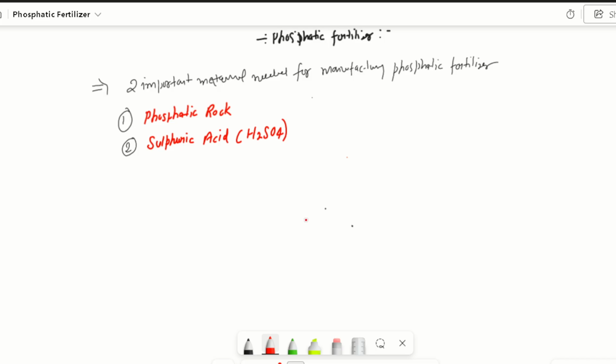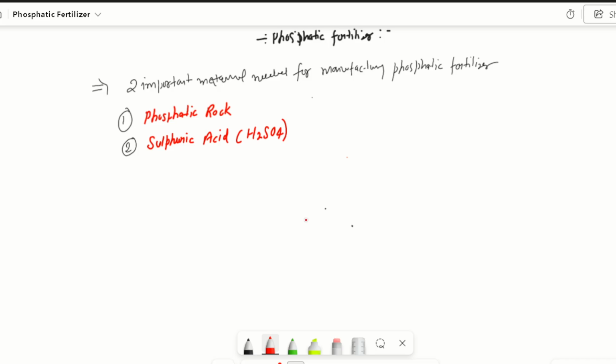Out of 150 minerals which contain more than 1% P2O5, only two groups are commonly used: aluminum phosphate, known as AlPO4, and apatite.